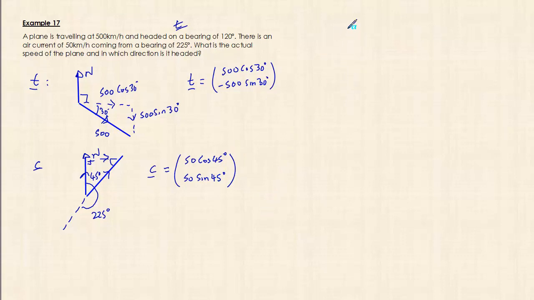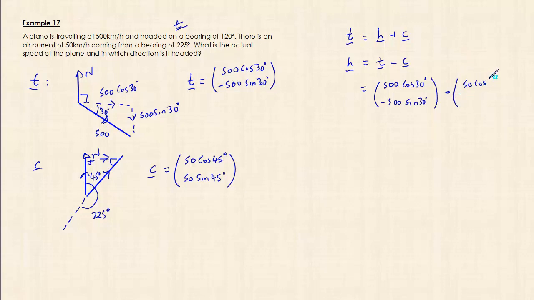Now we know that true is equal to heading plus current. That means that heading is equal to true take away current. So that's 500 cos 30, negative 500 sine 30, take away 50 cos 45, 50 sine 45.